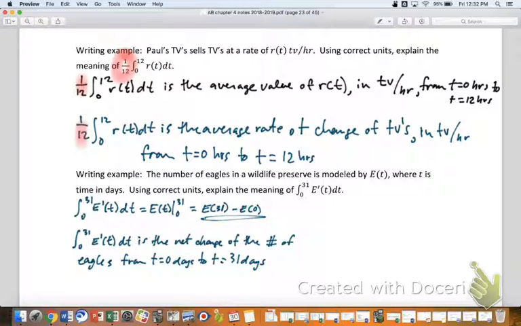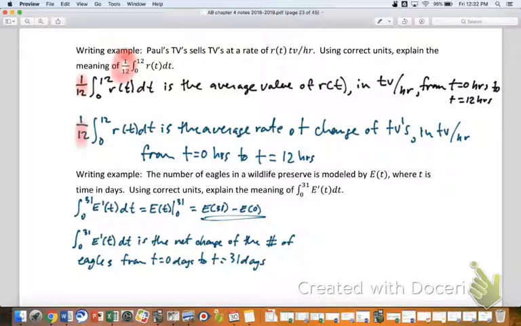Wait, that doesn't make sense. So how do you get the amount of eagles? Because the amount equals this, E prime times dt. So isn't that giving you the amount of eagles between 0 and 31? It's the net change of the number of eagles from T equals 0 to T equals 31 days. Hey guys, this is probably good for the group, so don't get distracted.